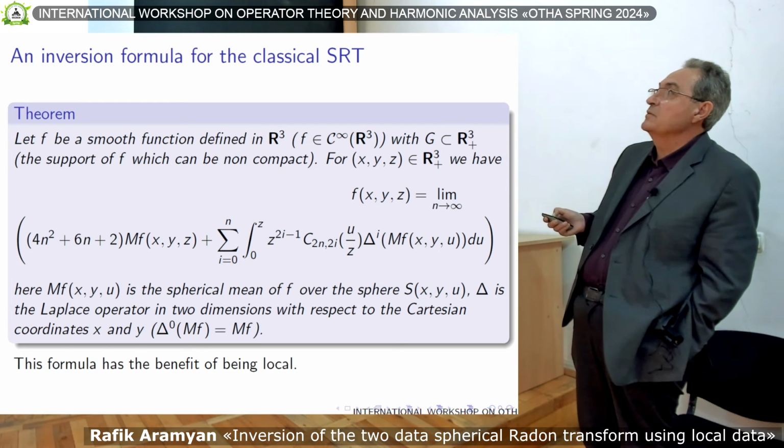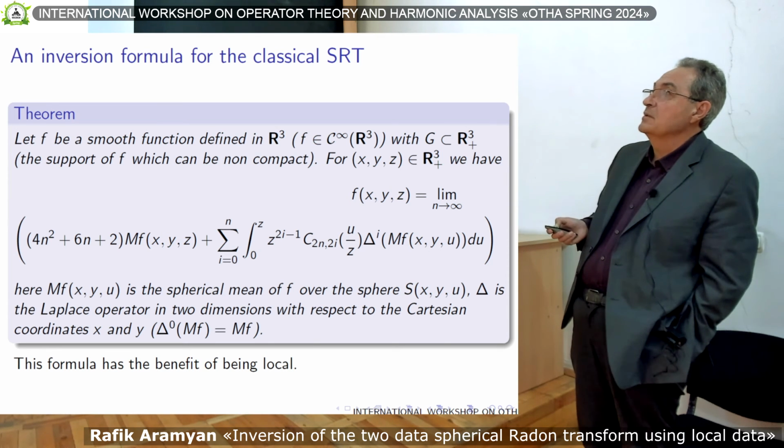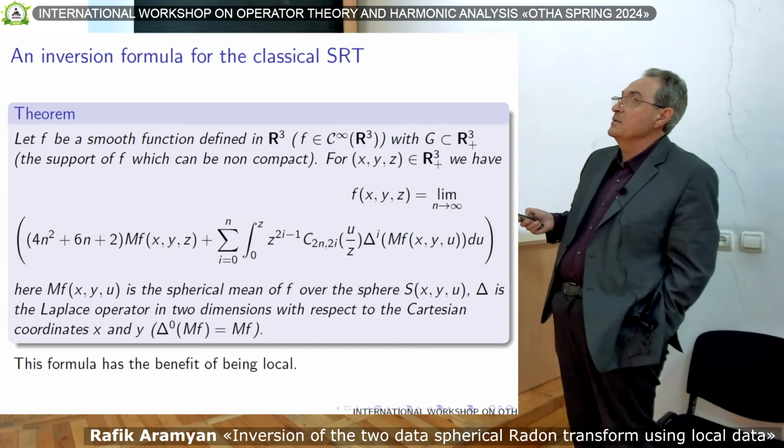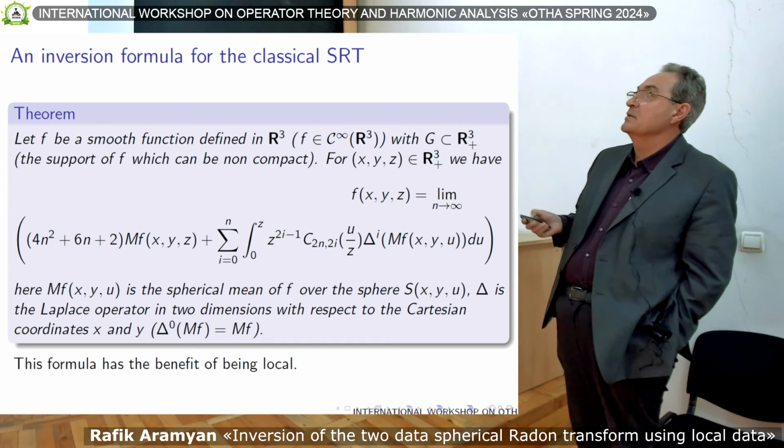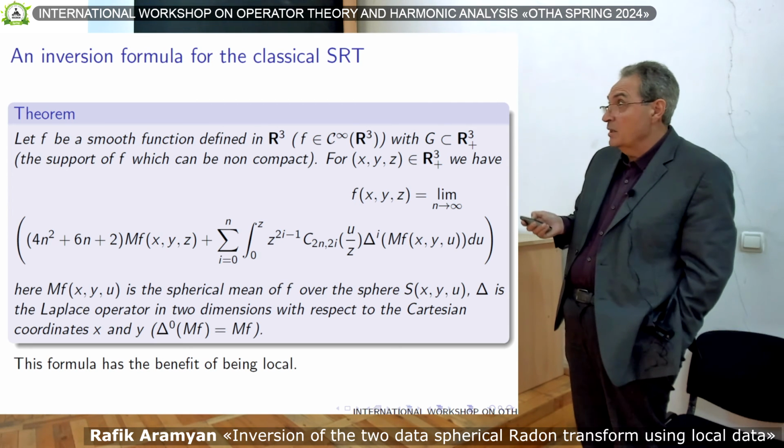Here also we consider the data from the projection point of (x,y,z), and u changes from 0 to z. Also, delta is the Laplace operator in two dimensions with respect to x and y. We multiply with the polynomials and integrate, and finally we obtain this function, restoring the function.